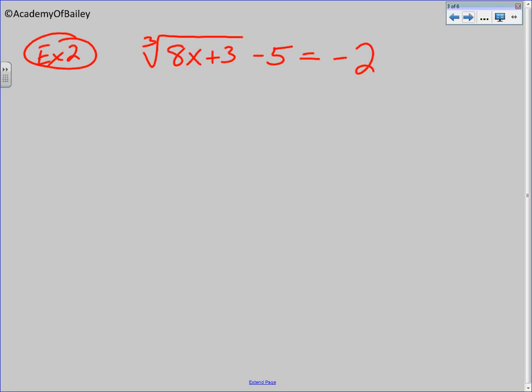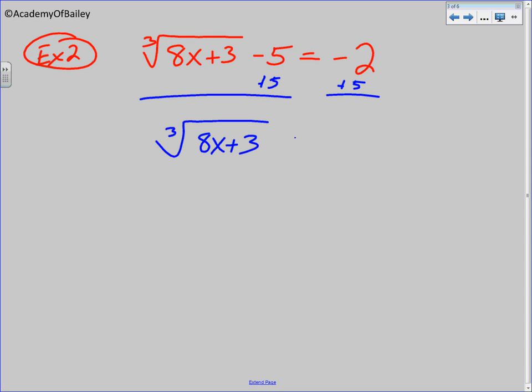Okay, let's look at this problem here. Well, x is underneath the cube root. You've got an 8, a 3, and a -5 with it. So first step to get it by itself would be to get rid of that -5. Add 5 to both sides. That leaves us with the cube root of 8x plus 3, which is equal to 3.